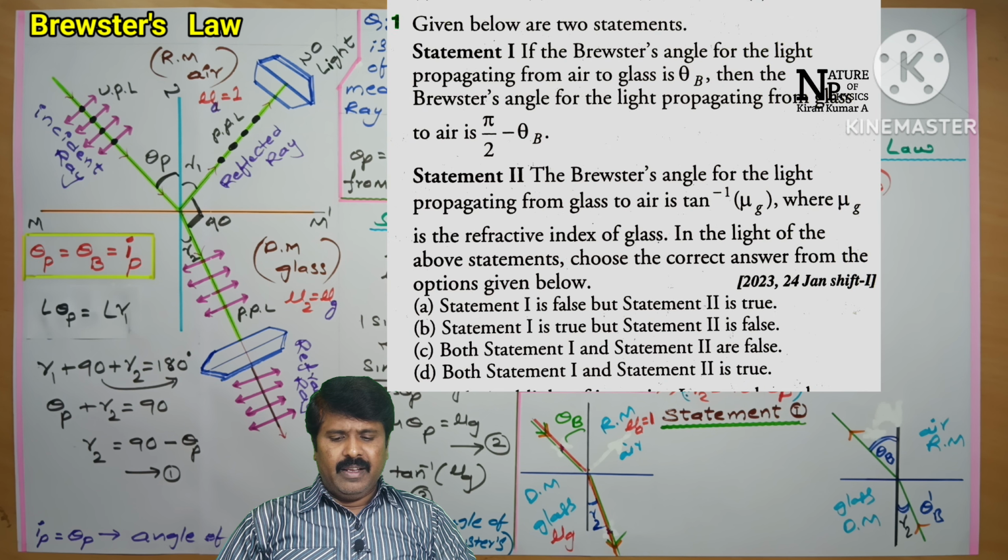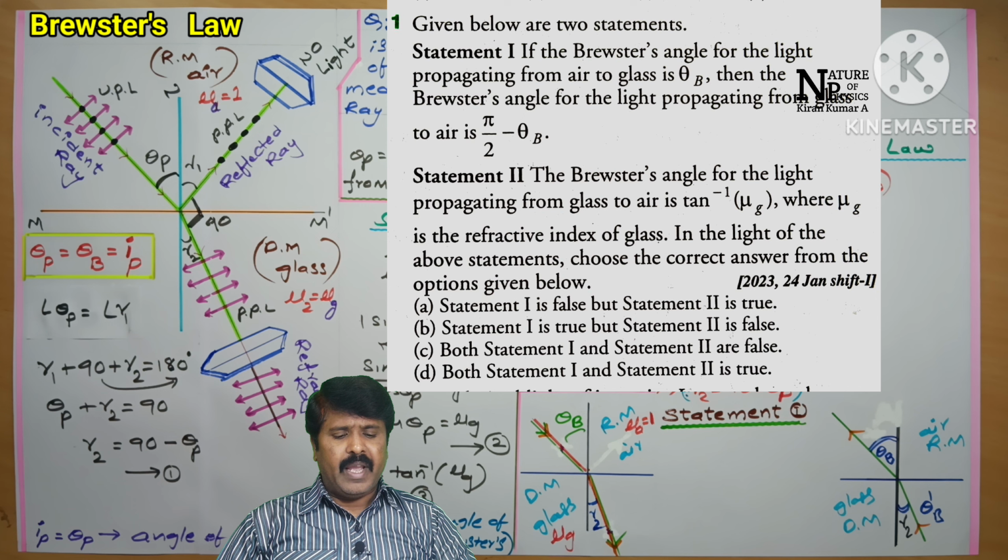Yes, next question. Given below are two statements. Statement 1: if the Brewster angle for light propagating from air to glass is theta b, that is, light is traveling from the rarer medium to the denser medium, the angle of Brewster, that is the angle of polarization, is theta b.